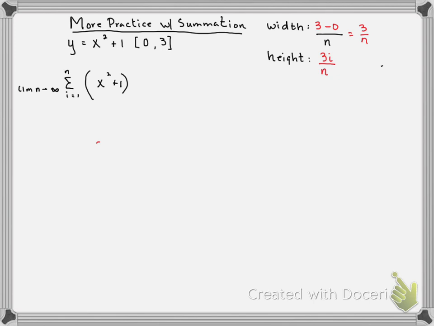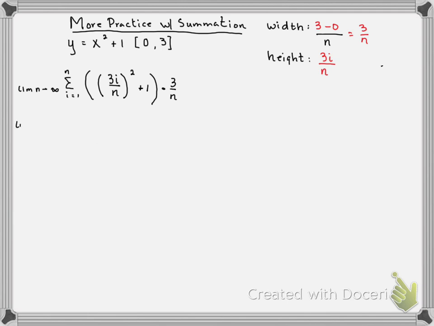Now, I'm going to replace the x squared with the height. So our height is (3i over n) squared plus 1. That's our height, and then we need to multiply in the width.